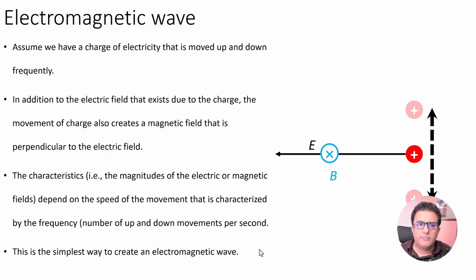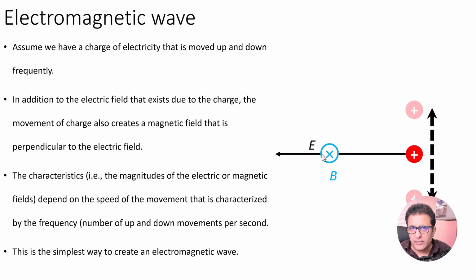So what is an electromagnetic wave? If we have an electric charge, as we know, we have an electric field in the vicinity of that charge, indicated by E. But assume that we move this charge up and down, oscillating it. What's going to happen is that, in addition to the electric field, we're going to have, at the same time, a magnetic field as well, and that magnetic field is perpendicular to the electric field.